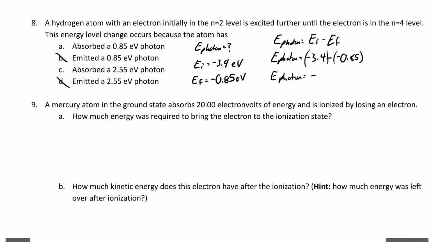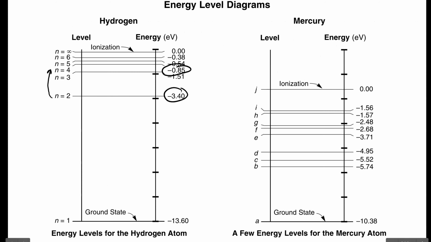So you get negative 2.55 electron volts. So that's going to be choice C. Remember with the table, if you're jumping up, you're going to absorb a photon because you're gaining energy. And if you jump down, that's when you lose energy and you emit that energy in the form of a photon. So up is absorb, and if you jump down, you're emitting.